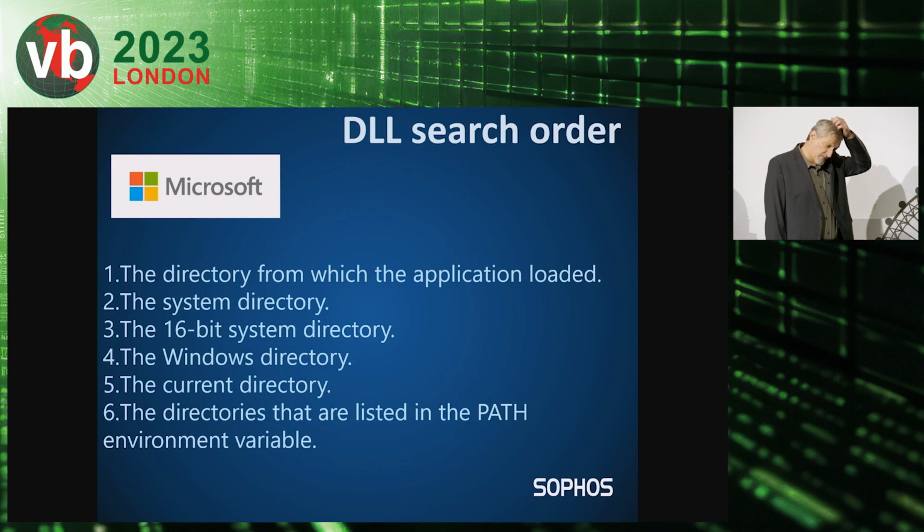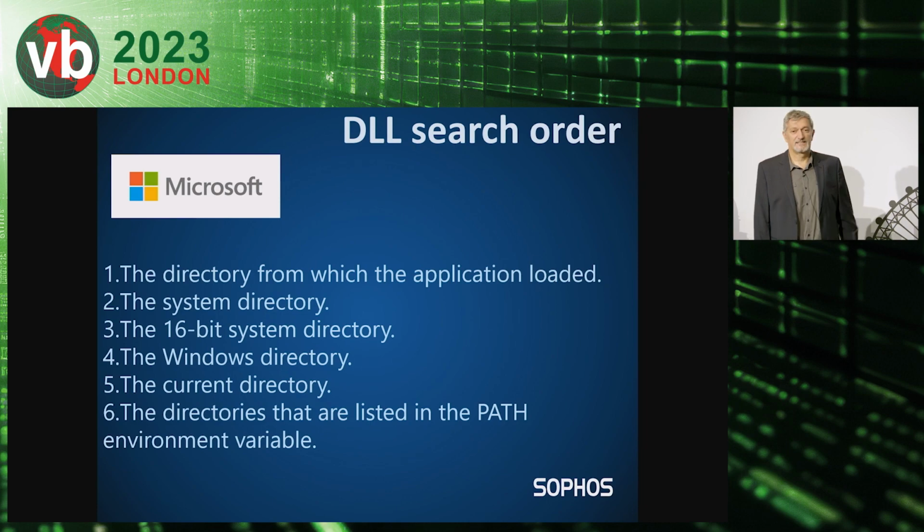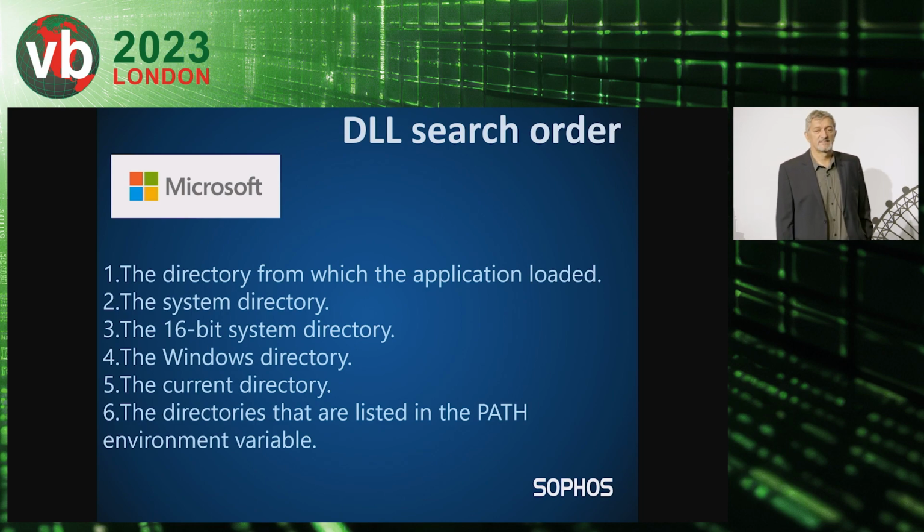So for those of you who have been in a coma for the past 12 years, a little overview of DLL sideloading. It's relying on a backdoor feature, depending on your disposition, of the Windows operating system. When an executable is loaded, it has dependencies of DLL libraries, and the operating system is trying to locate these libraries. And the first place it is looking for is the same directory where the executable is running from.